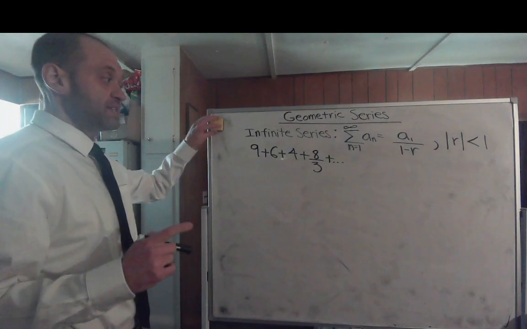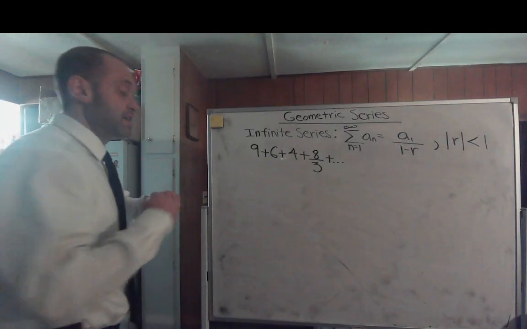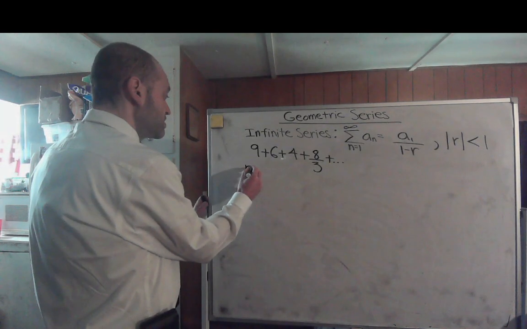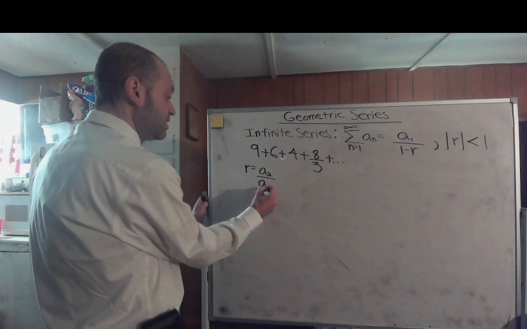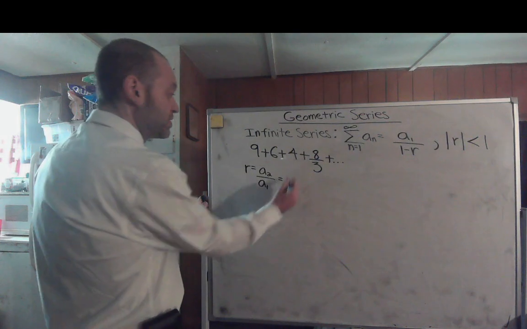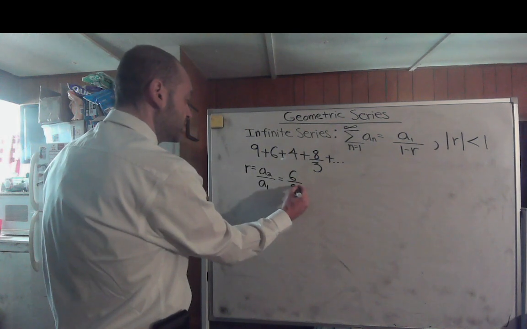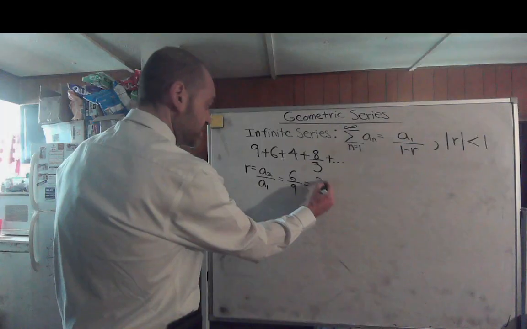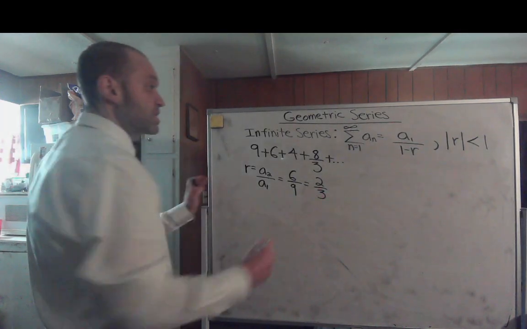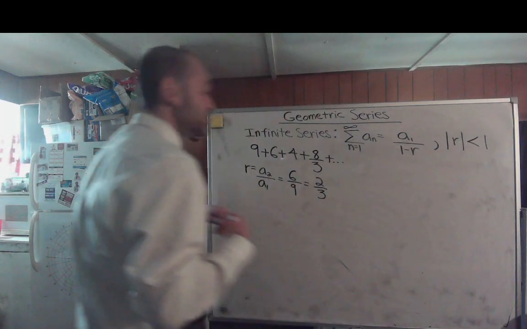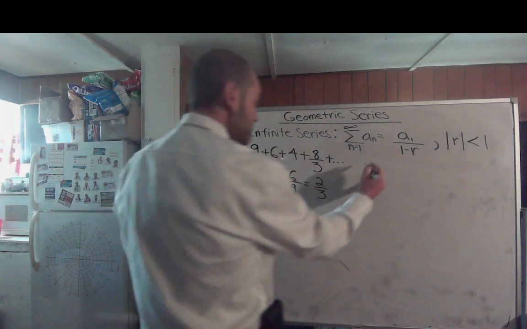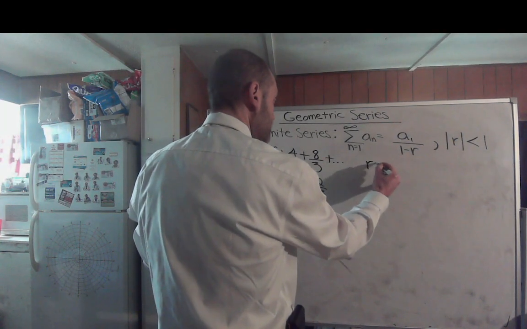First thing we need to see, what is the common ratio? So take your second term, your a sub 2, divided by a sub 1 to get your common ratio. Well, that's 6 over 9, which reduces to 2 over 3. Your common ratio is 2/3, which is definitely less than 1. So yes, we can take the sum of this series. We will get a finite answer.